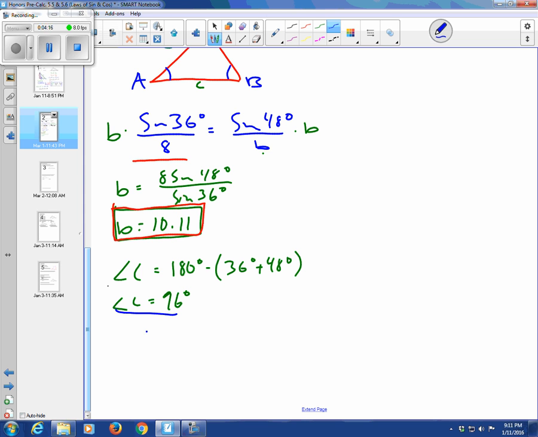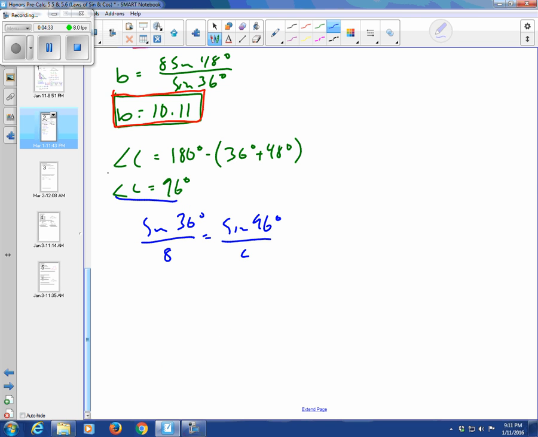So we can say now that sine of 36 degrees over our side of 8 equals sine of 96 degrees over side little c. Then we multiply by c on both sides and then multiply by the reciprocal of sine of 36 over 8.